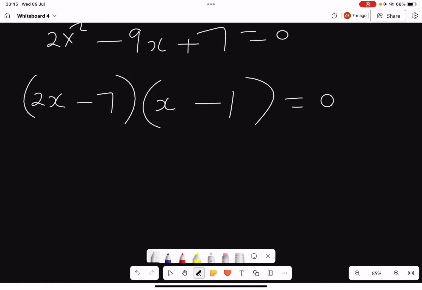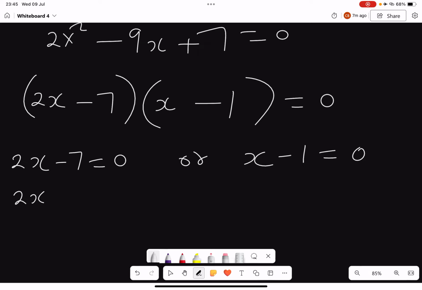We can see by the zero product that the first bracket will be 0 or the second bracket will be 0. Then this solves to 2x equals 7. By dividing both sides, we get x equals 7 over 2, or x equals 1 by moving 1 to the other side.